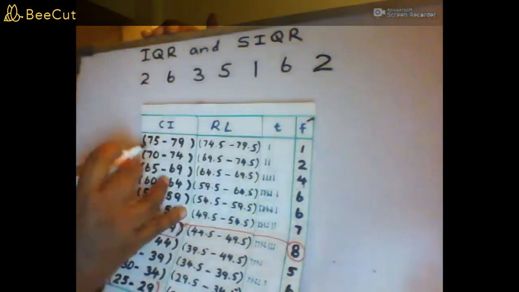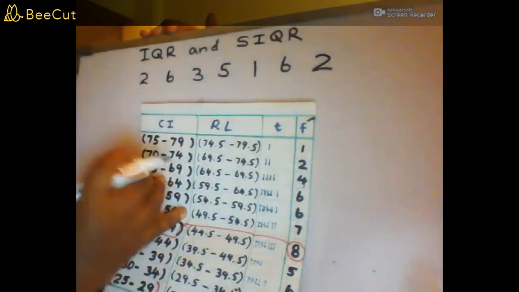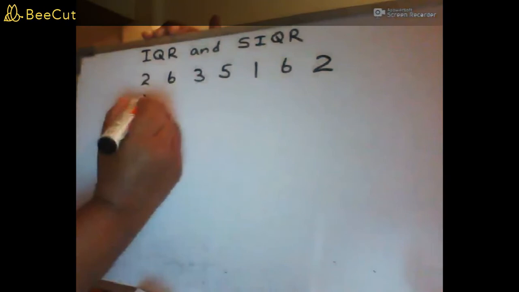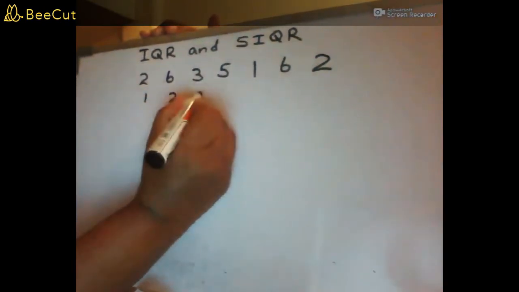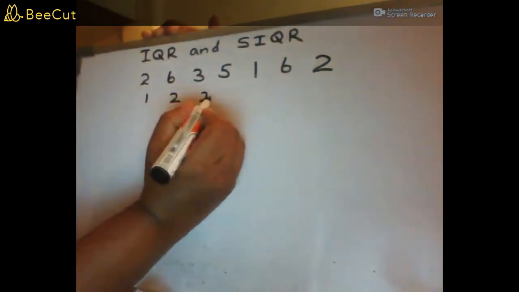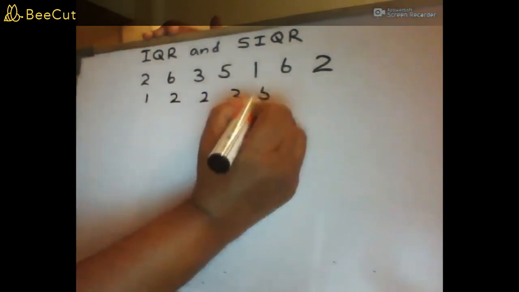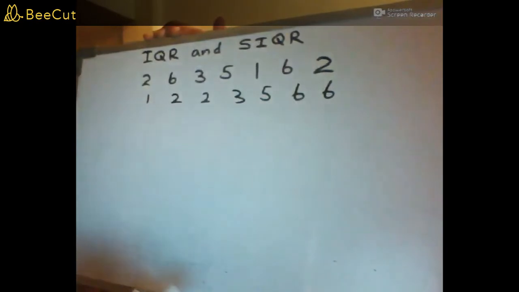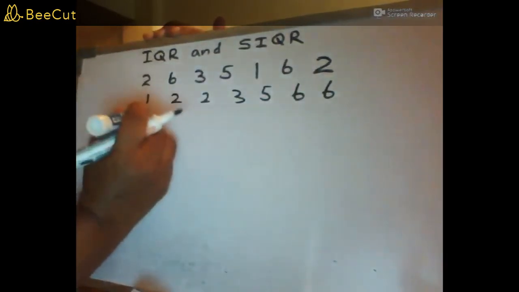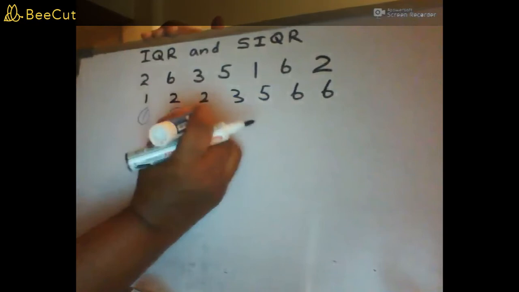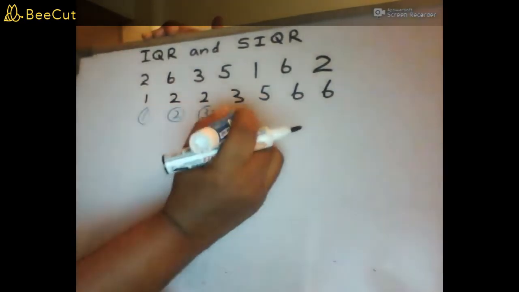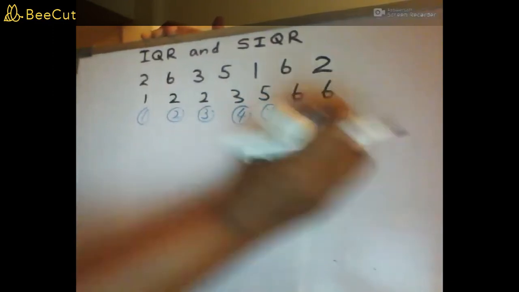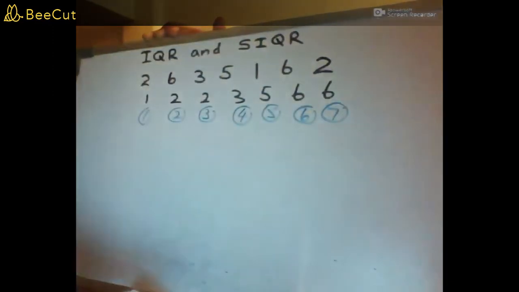Now we'll arrange the data: 1, 2, 2, 3, 5, 6, 6. Then number them: first item, second, third, fourth, fifth, sixth, seventh. There are 7 values, right?